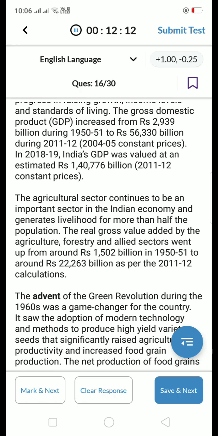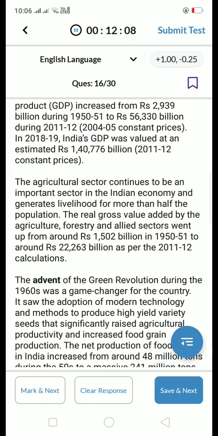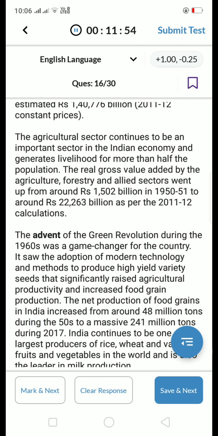The agriculture sector continues to be an important sector in the Indian economy and generates livelihood for more than half the population. The real gross value added by the agriculture, forestry and allied sector went up from around 1502 billion in 50-51 to around 22,263 billion as per 11-12 calculation. The advent of the Green Revolution during the 1960s was a game changer for the country.